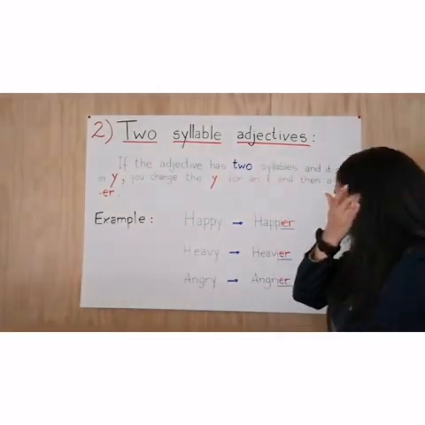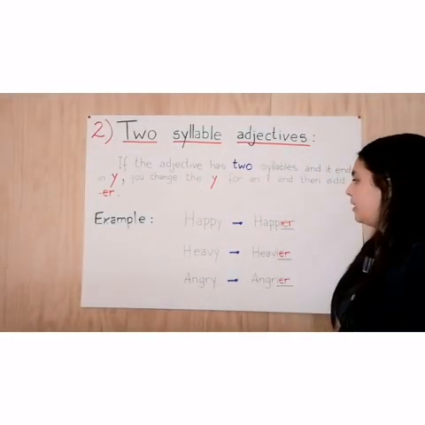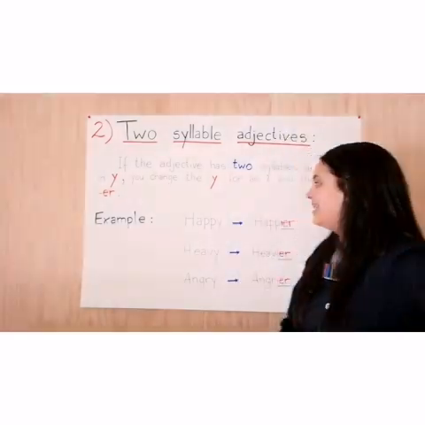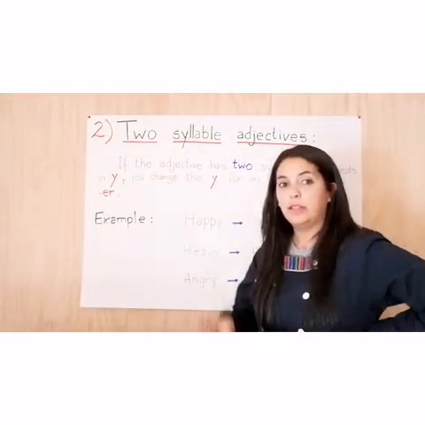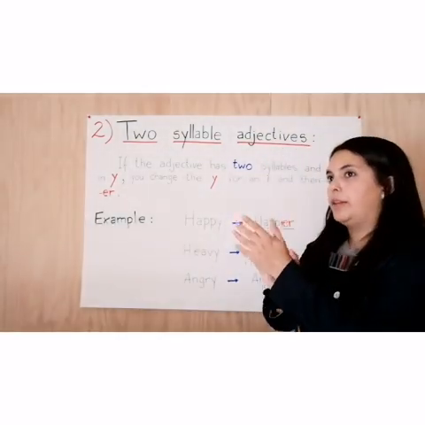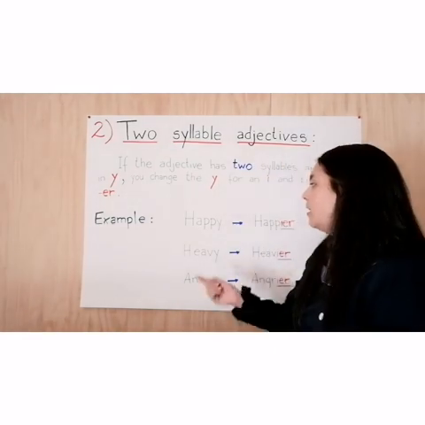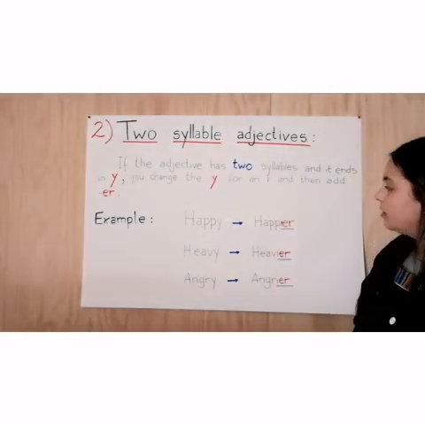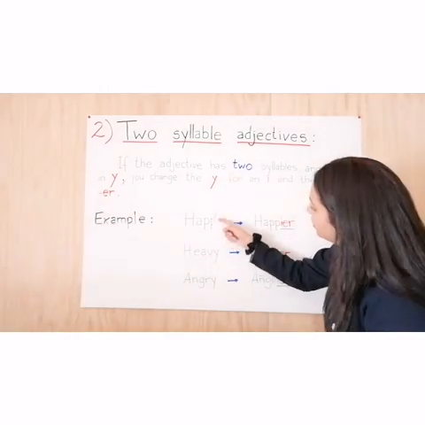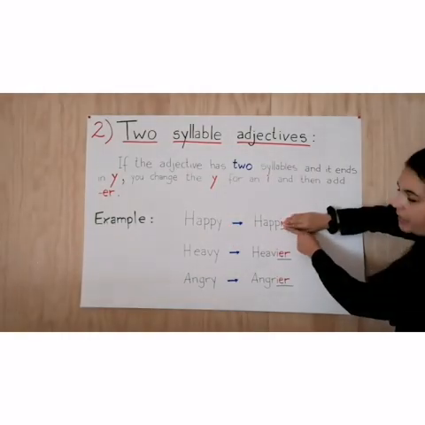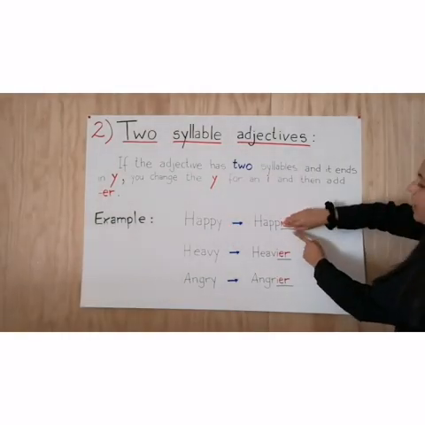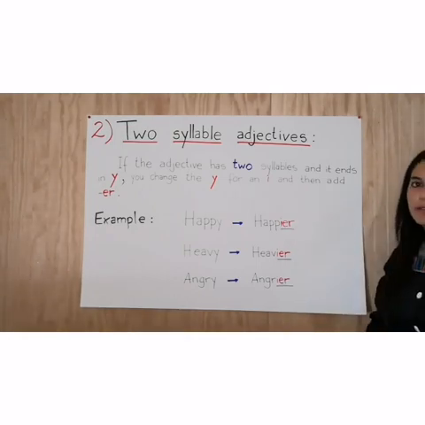For example, the word happy. It has two syllables, and it ends in Y. We change the Y for the I, and we add er.